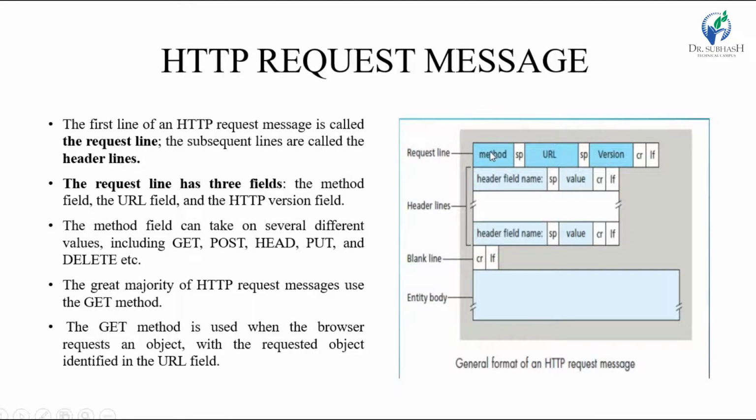The method field can take several different values like get, post, head, put, delete, which we will discuss afterwards. Generally, we use the get method to request resources from the server. The header contains information about the pages, metadata, and many other kinds of information. In the entity body, we are going to pass a message.